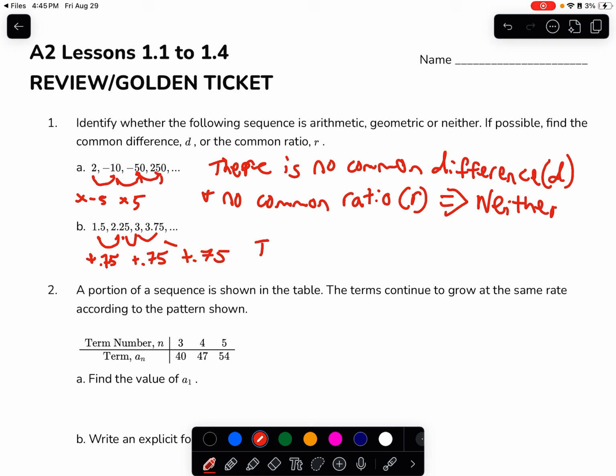There is a common difference, D equal to 0.75, thus it's arithmetic.